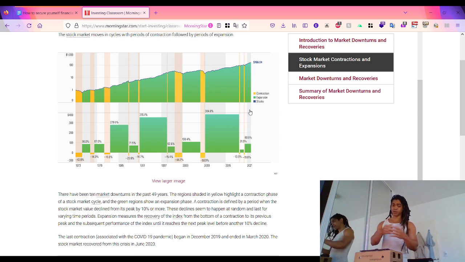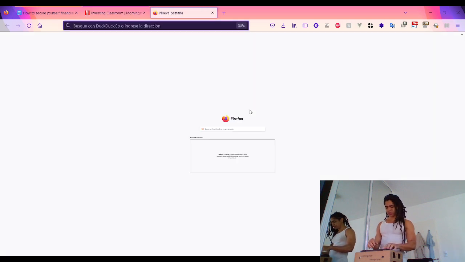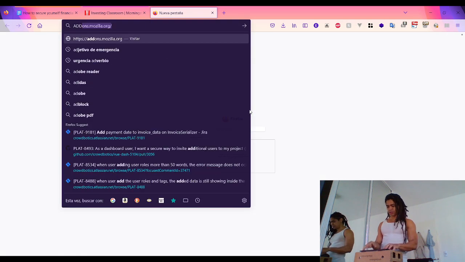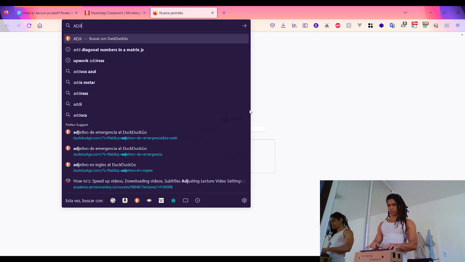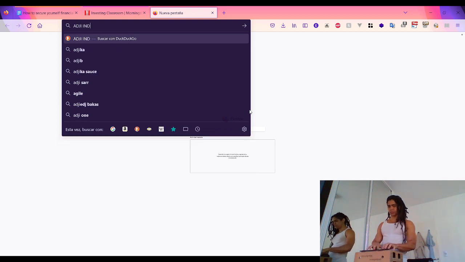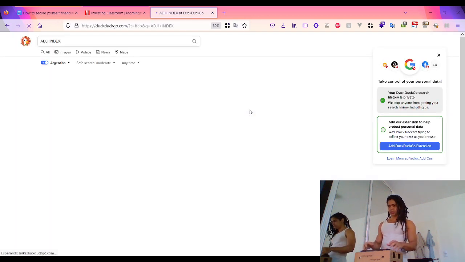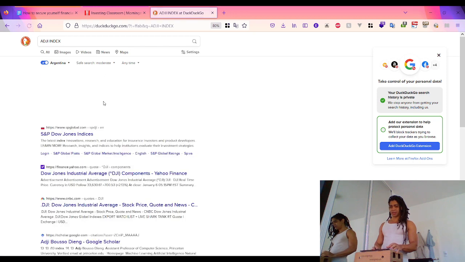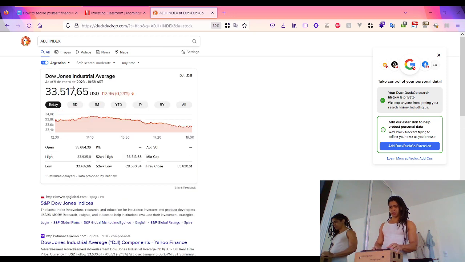An example of that is the Dow Jones Industrial Average. That's right, the Dow Jones Industrial Average. This measures 30 companies.